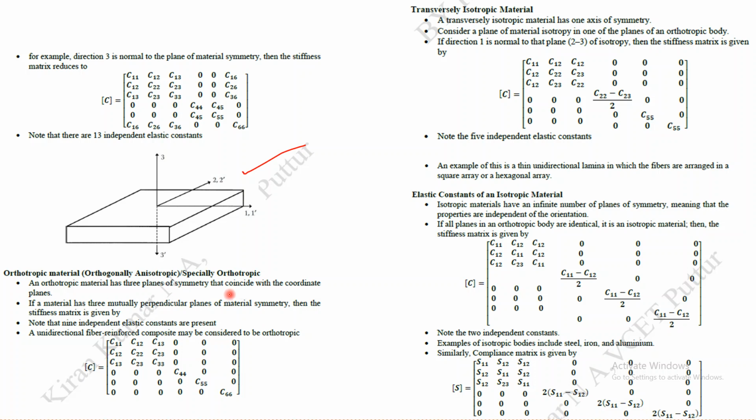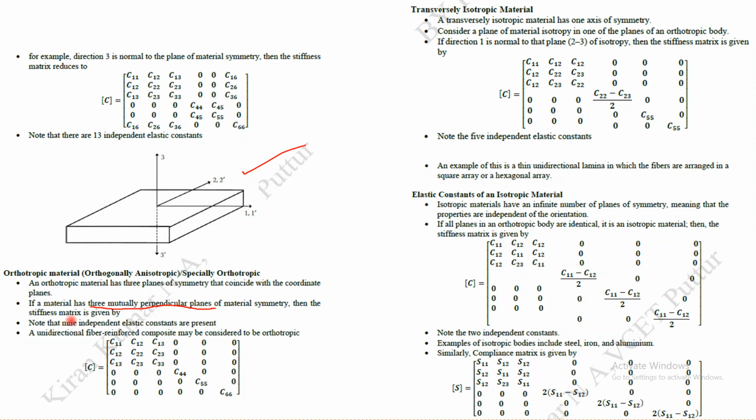Here it is an extension of the anisotropic material, where we chose only one material symmetry plane, but for orthotropic material we go for all three perpendicular planes having material symmetry. That means 3 3 dash are symmetrical, similarly 2 2 dash are symmetrical, and 1 1 dash are symmetrical.